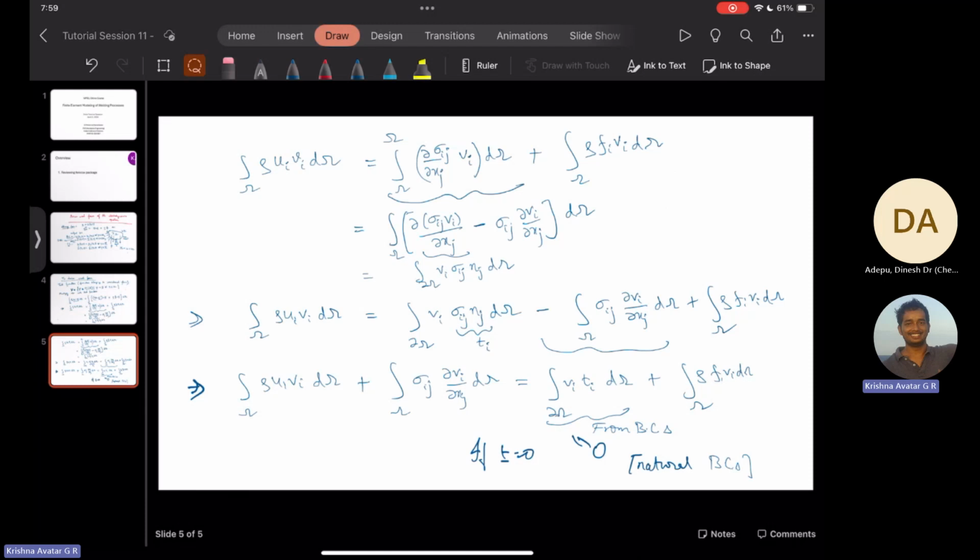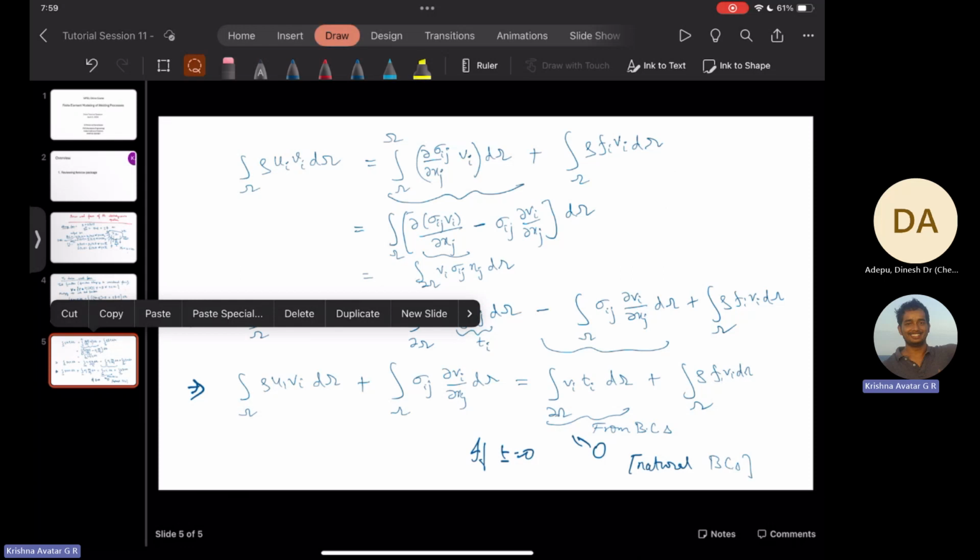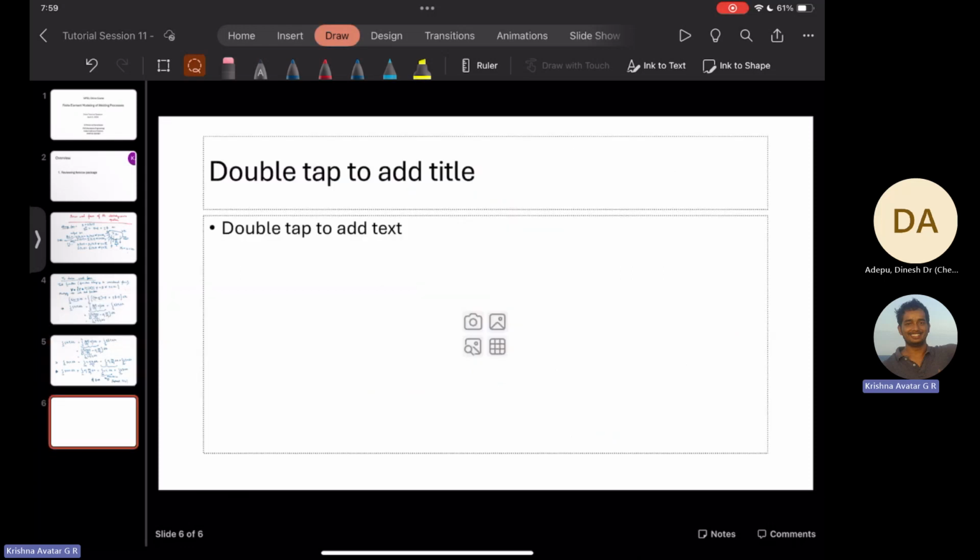This is how we are forcing our boundary conditions, and then they sometimes cancel out to give the final weak form. But it's just like doing the same thing again. Anyway, now we can say new slide, and then we can write it back into its original format.